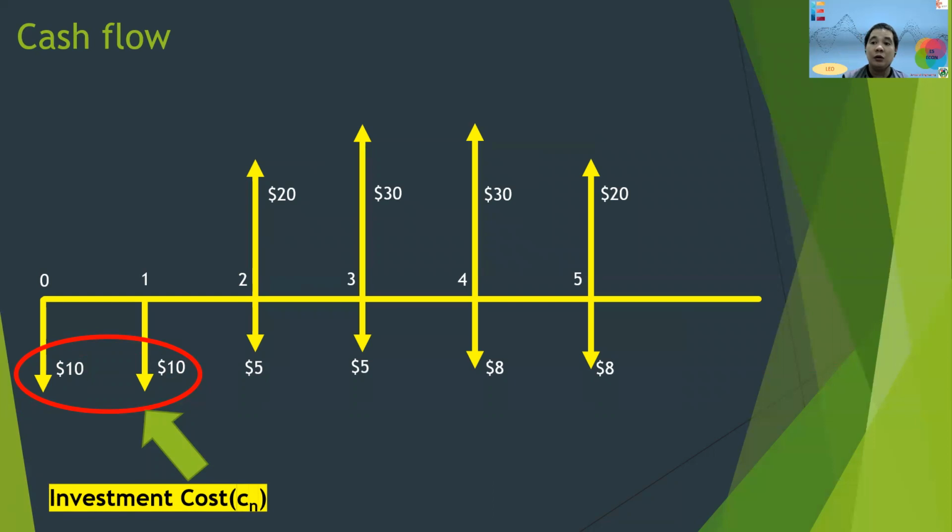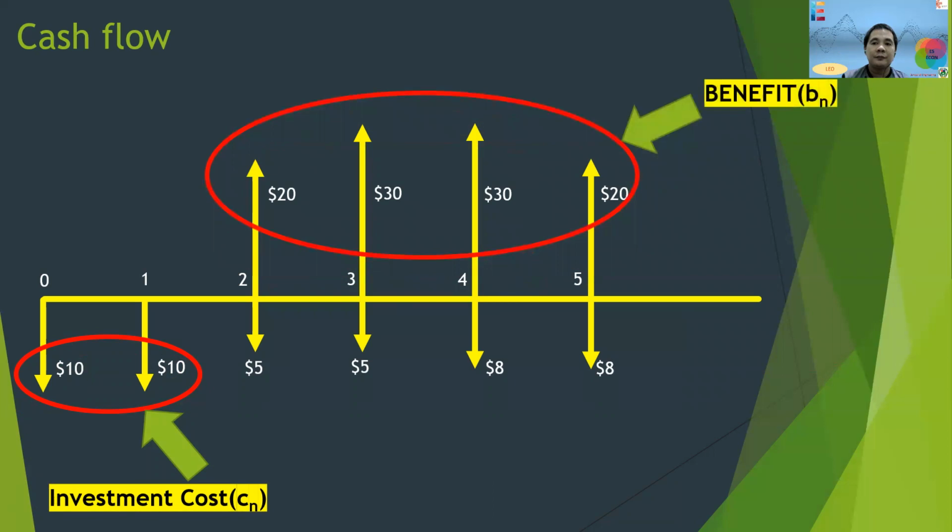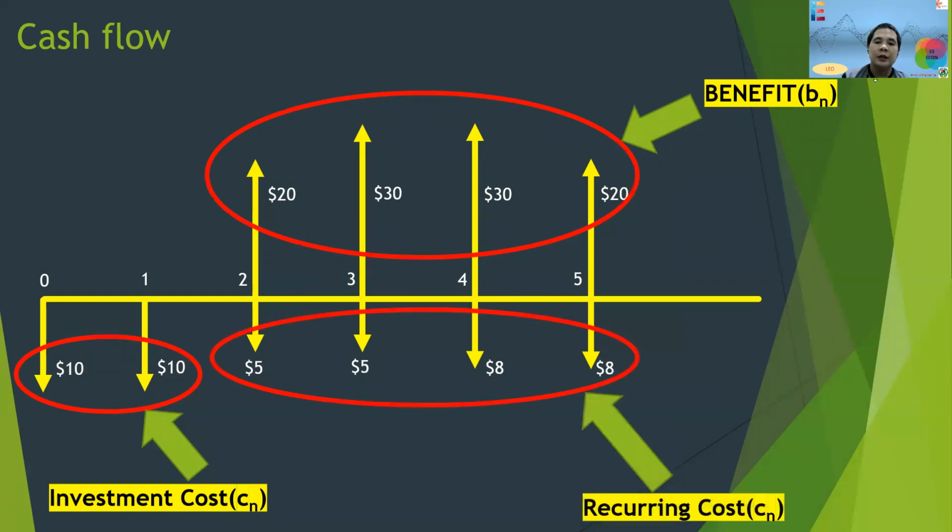That is your investment cost, or in other terms, we refer to it as CN. Your BN is all of the benefits, and then your recurring costs are CN. Still, that's cost, no? So those are recurring costs and investment.